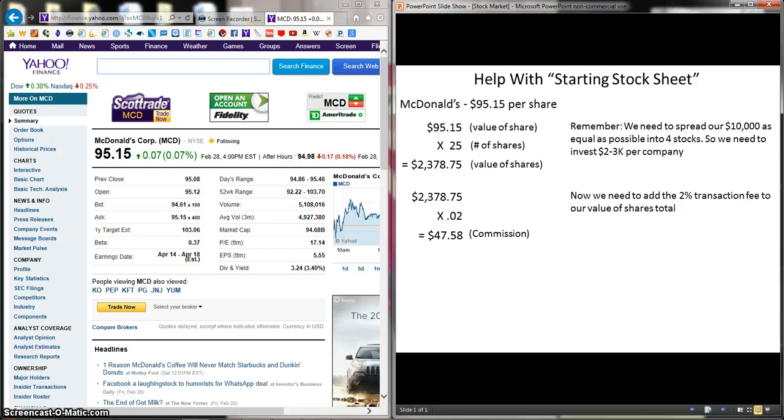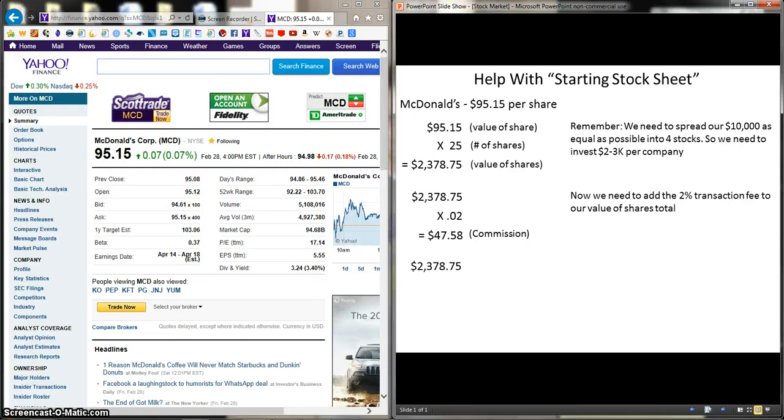If you notice, all of the data that has a label in parentheses next to it, those are numerical values that you need to log in your starting stock sheet. I put them in parentheses so that you can identify them and you know what to log under what section of your sheet. Hopefully that's helpful.